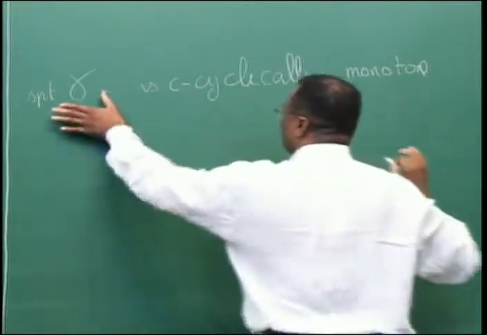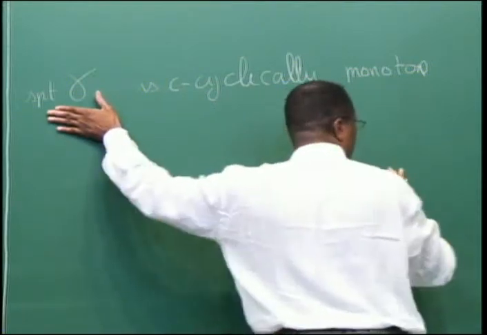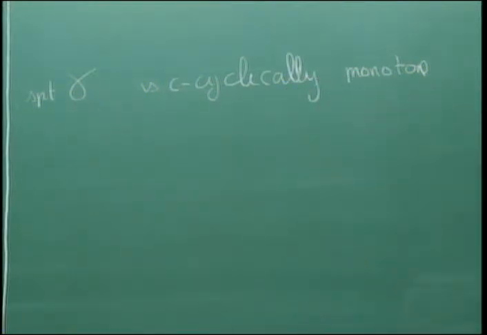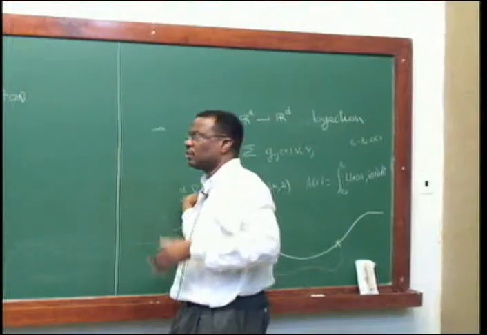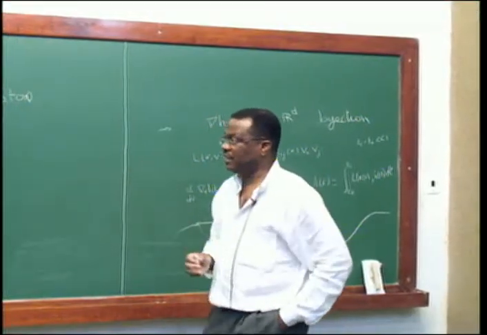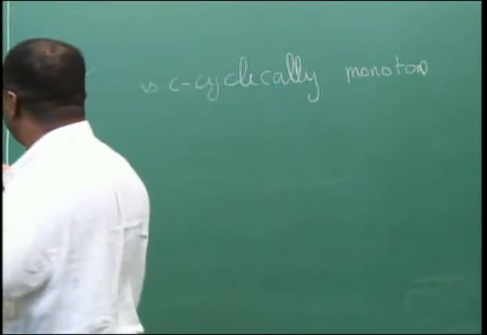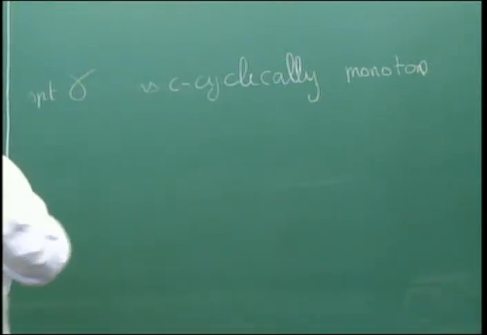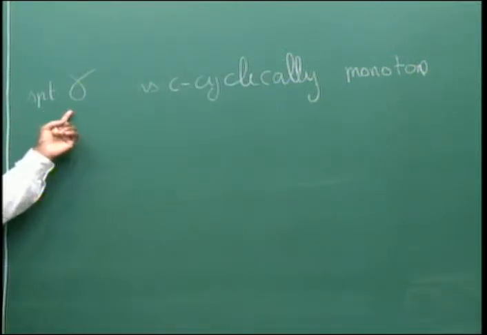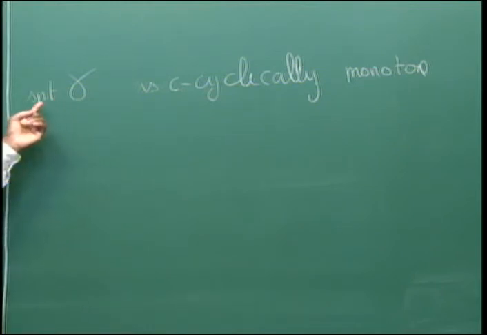So compare this geometric condition to that geometric condition on a curve. Then the statement is, if I take any gamma bar such that it has the same marginals as gamma, then the cost of gamma bar is bigger than the cost of gamma.